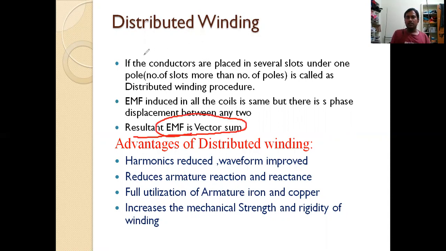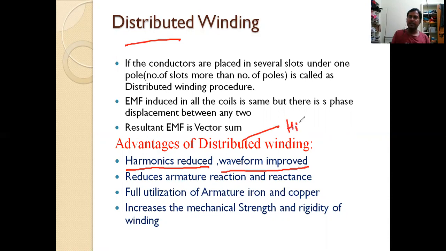So this is the information about the distributed winding. What are the advantages of this winding? Harmonics will be reduced and the waveform will be improved. I already discussed that with the distributed winding, higher order harmonics will be eliminated, and it reduces the armature reaction and the reactance. I'll explain that during armature reaction.